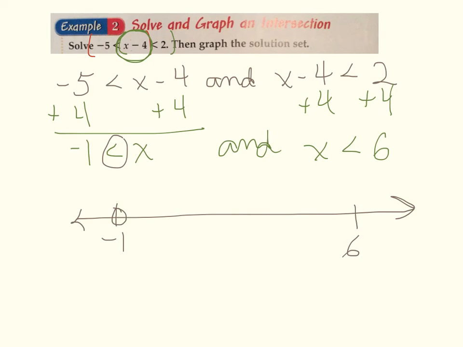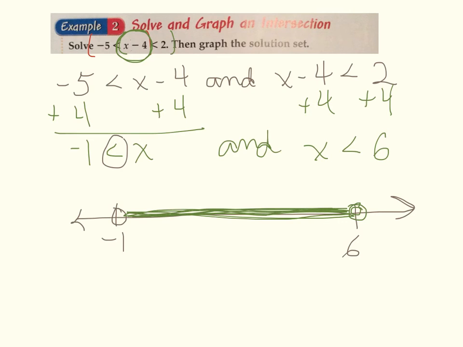So basically what we're talking about here is everything between -1 and 6 that needs to be shaded. So if I go ahead and shade all of it, open circle here, everything between these two. Okay, and that's what my solution set would look like. This is the place where they're both true.